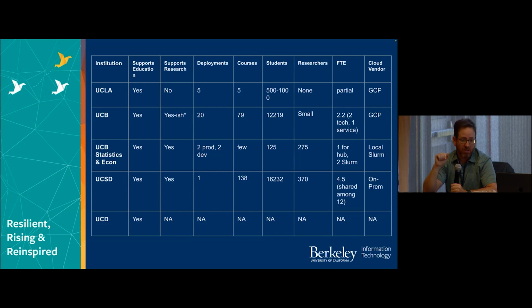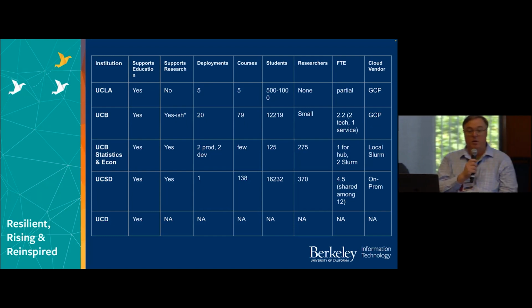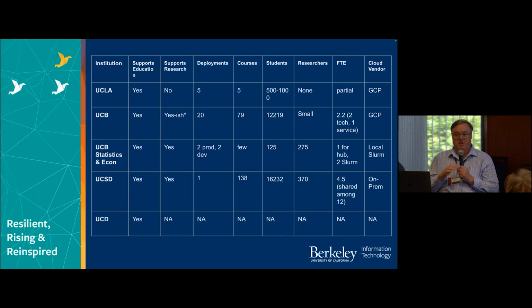You can specify your own Docker image and it just builds it for you. That's something we're hoping to adopt when it's available. But just the principle of giving the instructors all the tools they need so that they're not waiting on us.